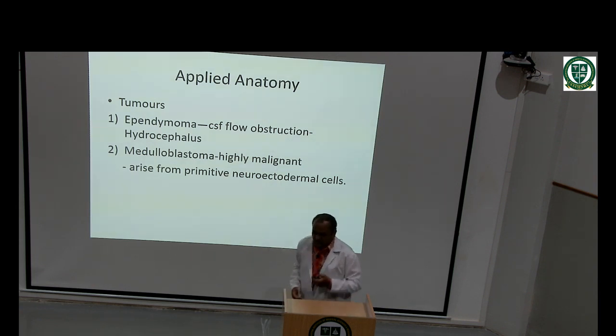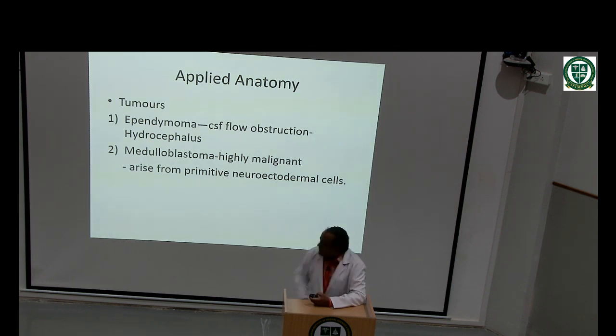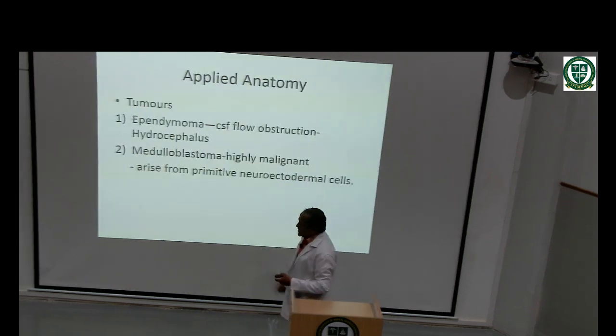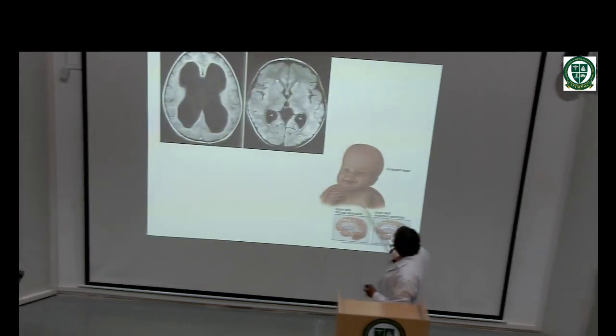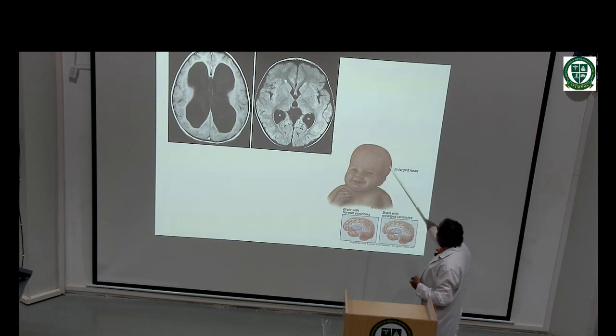When the CSF flow is obstructed, a lot of CSF collects within the ventricles of the brain. As a result, the brain will enlarge. That is called hydrocephalus. The baby will look like this, with a big, enlarged head.